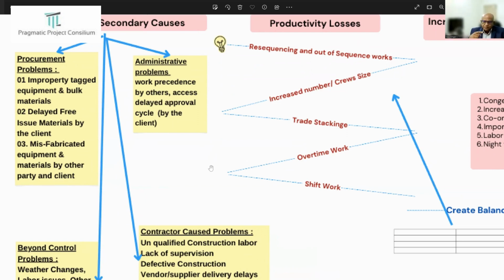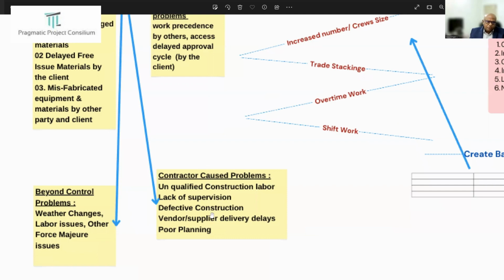Apart from that, mainly the review cycle of the design and engineering documents. Sometimes there is a fixation of 14 days of review or 21 days of review. So how many review cycles are occurring during the procurement, engineering and approval part? And coming to the beyond-control problems: weather changes, labor issues, and other force majeure, and recently what we have gone through, COVID-type issues.